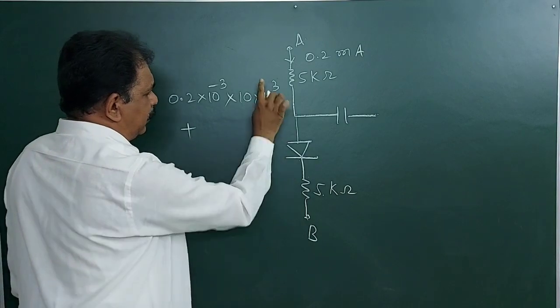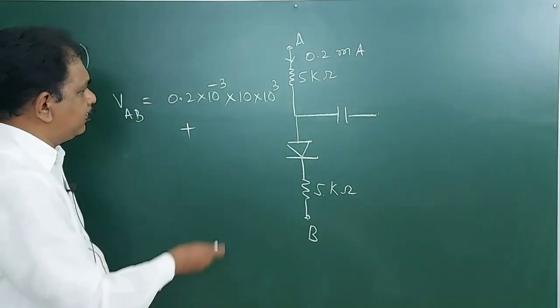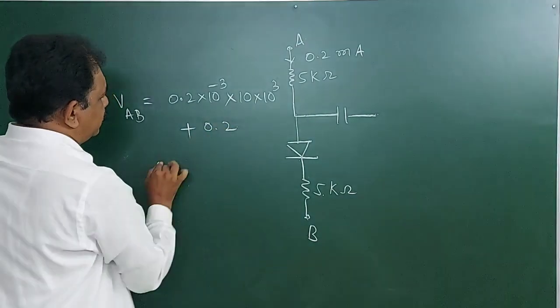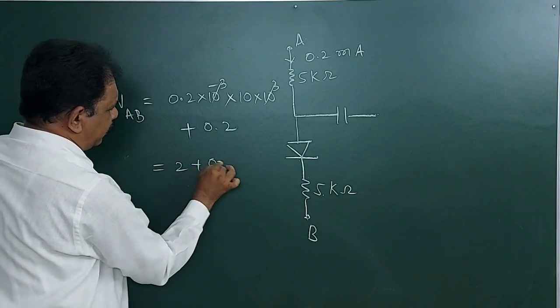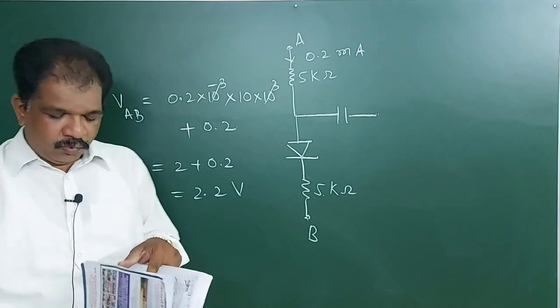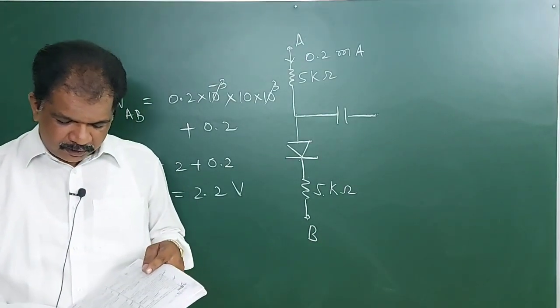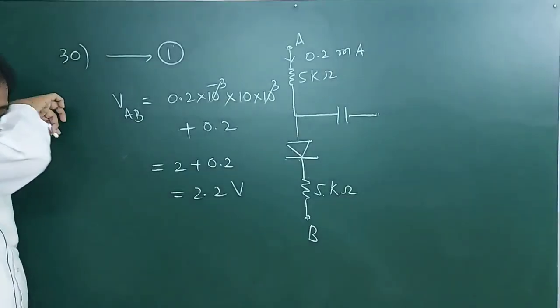This will be opposite, so now we have to add that. So that will be a 0.2 drop. So this value 2, plus this 0.2, totally 2.2 volt. 30, it will be first option.